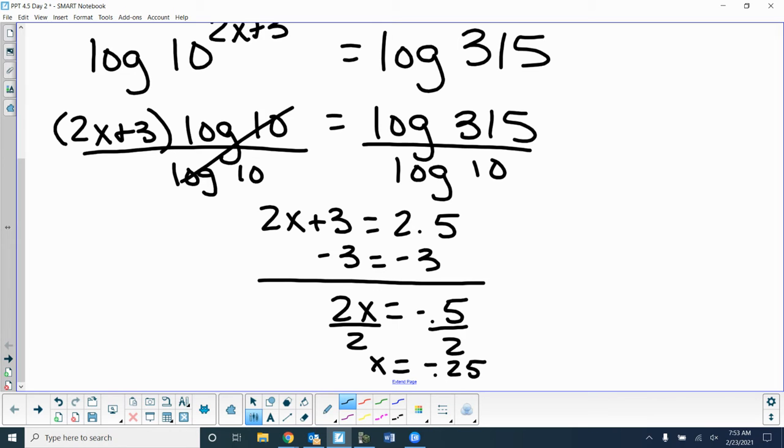Number 6 is 5/4, which is 1.25. And number 9 is 2.64. And number 12 is negative 2.13.